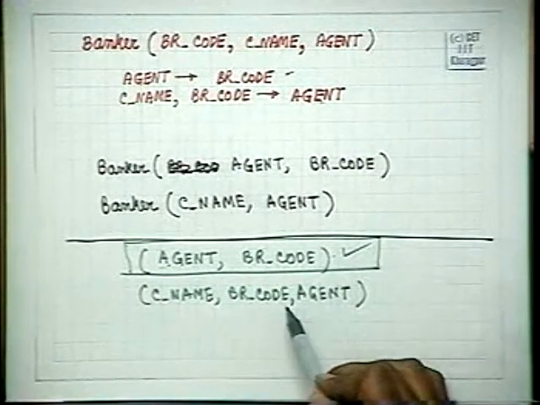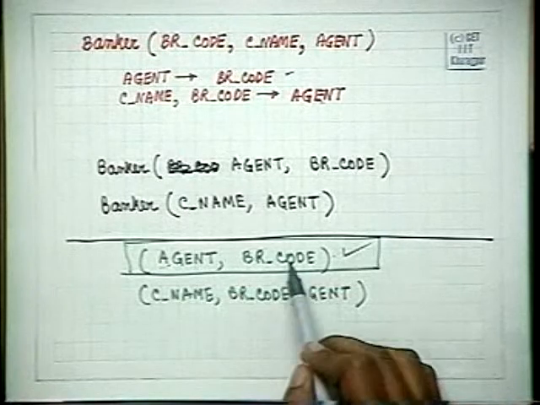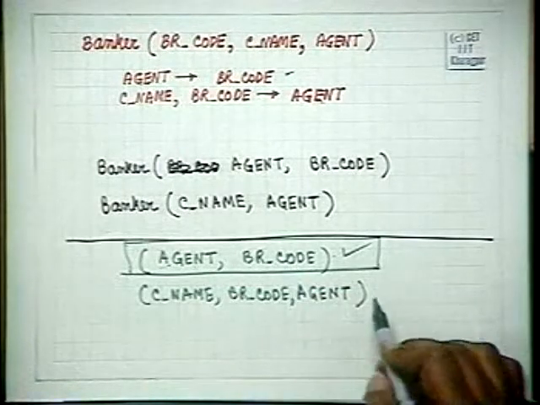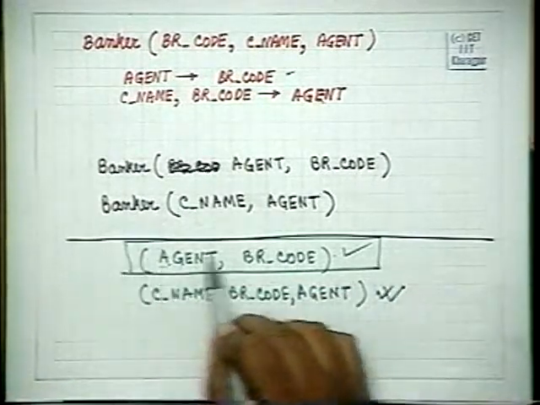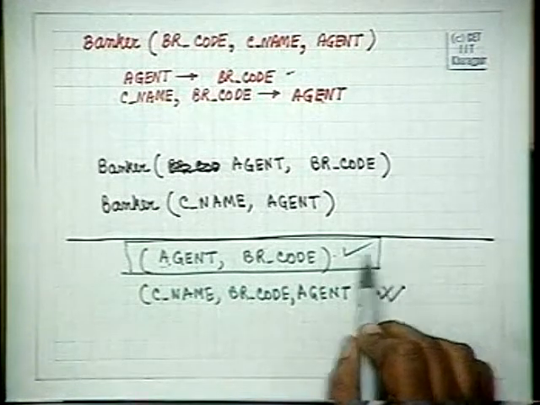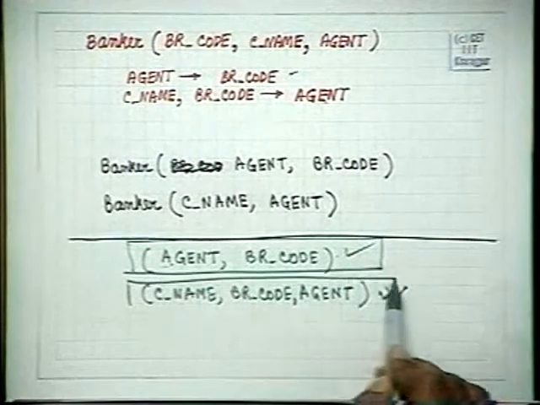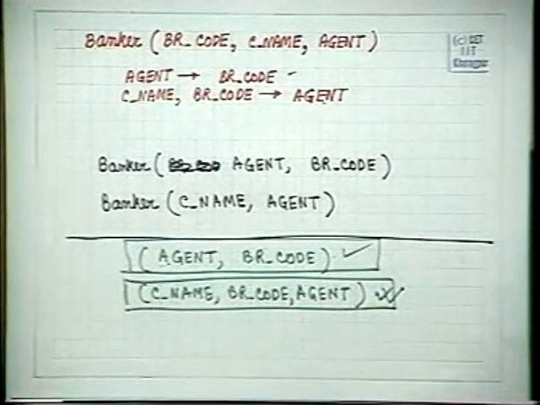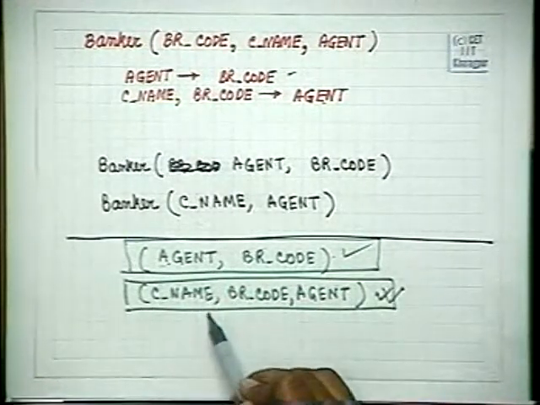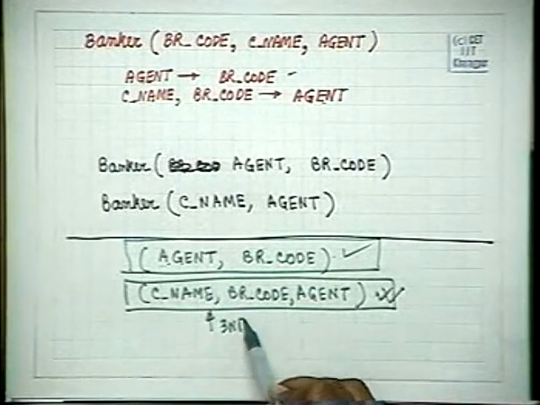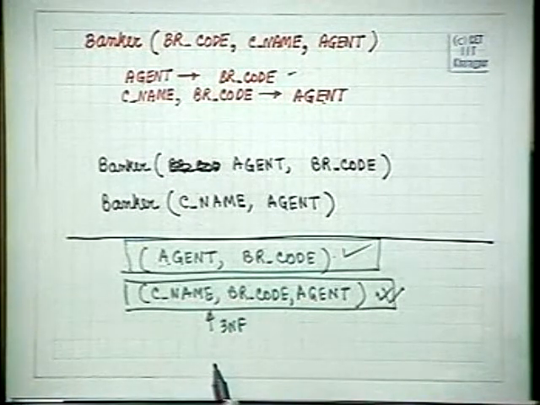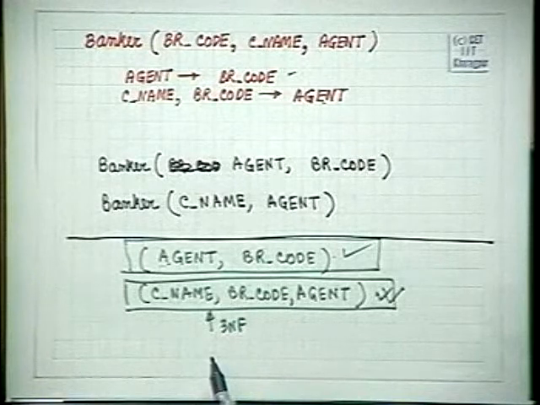Therefore, if one relation scheme is a superset of another and we necessarily must have this, then there is no point having this one, because having this one is futile. Therefore, we will remain with only this one, which is the original relation, and it will be a relation which is still in 3NF and satisfies the lossless join and dependency preserving properties.